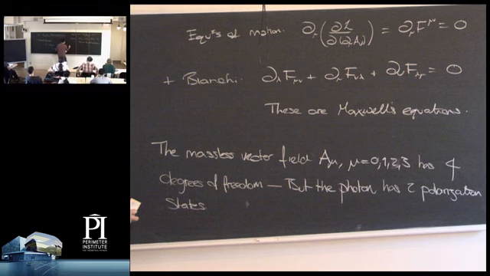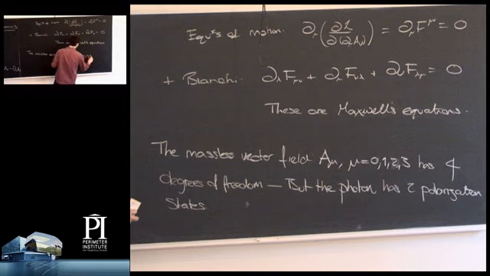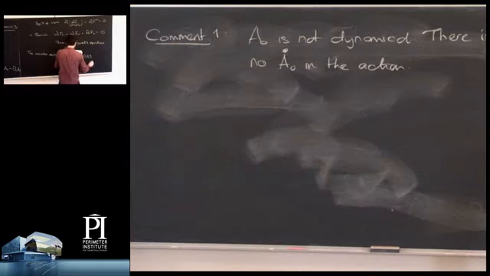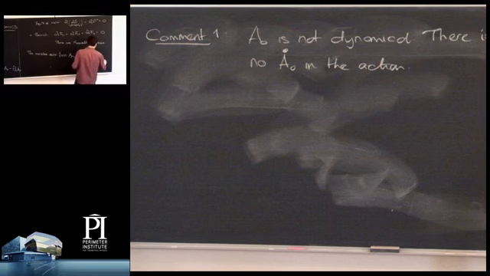So the massless vector field A mu, where mu goes from 0 to 3, has 4 degrees of freedom.